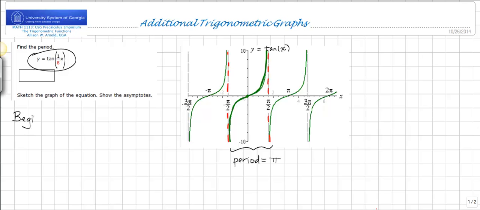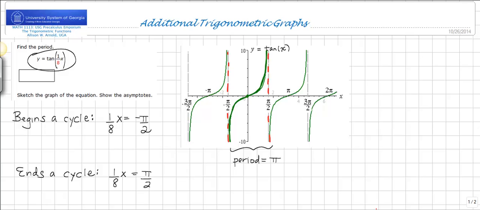Okay, so I'm going to take this guy, tangent of 1/8 x, and I'm going to say, all right, it begins a cycle. Any cycle will do, but I will use the one starting at negative pi over 2, and I will also use the one ending at positive pi over 2.